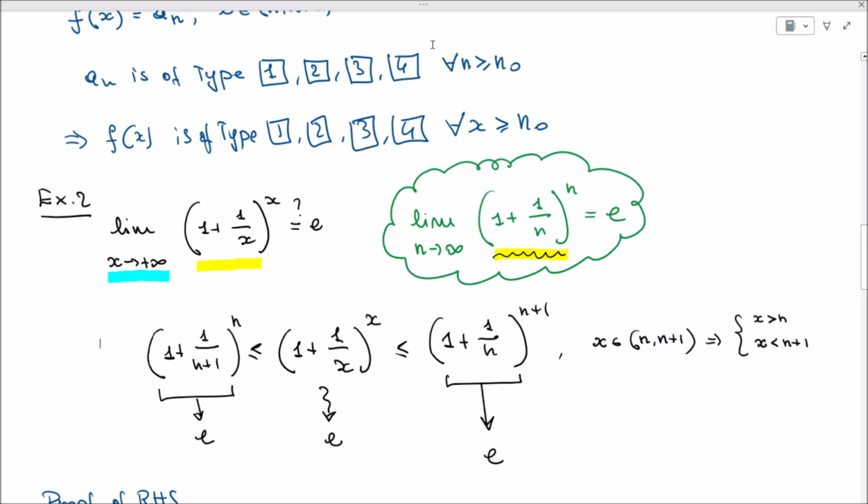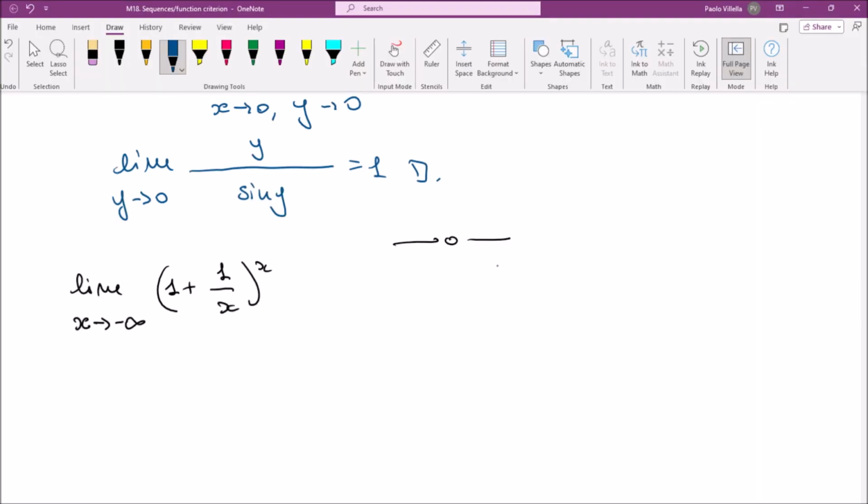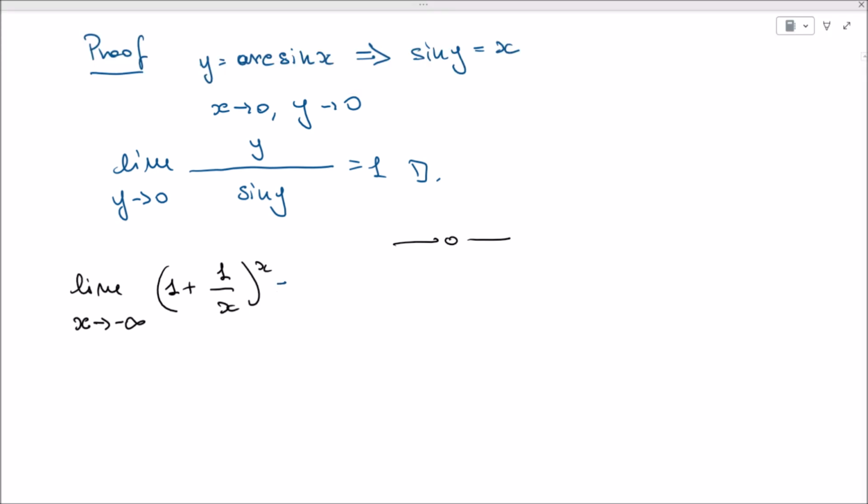How can we prove that the limit as x goes to minus infinity of this 1 plus 1 over x all raised to the x is indeed equal to e? Because this is the thing, right? We want to prove this.